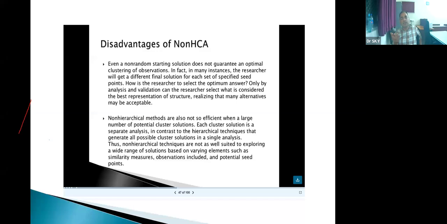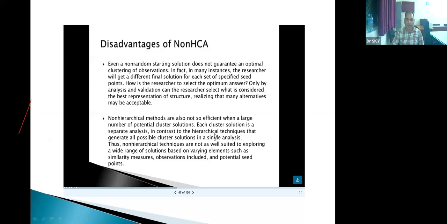We cannot tell whether we should make 4 or 2 clusters if we are using 3. But in hierarchical cluster analysis, there is a very clear picture of how many effective clusters we can make. So this is the drawback.